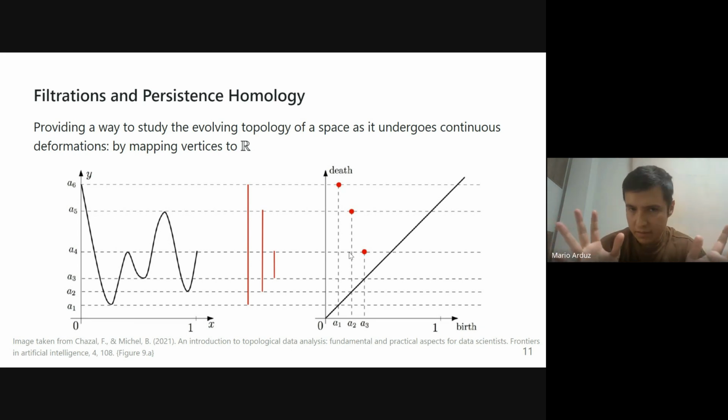So, for instance, we already know that we have a representation of data with a simplicial complex, but to study how we can see the appearance and disappearance of these dimensional holes, we are going to do filtrations on our data. And these filtrations can happen in two ways. In this way, we are filtering data just in one dimension, that is going to be dimension Y.